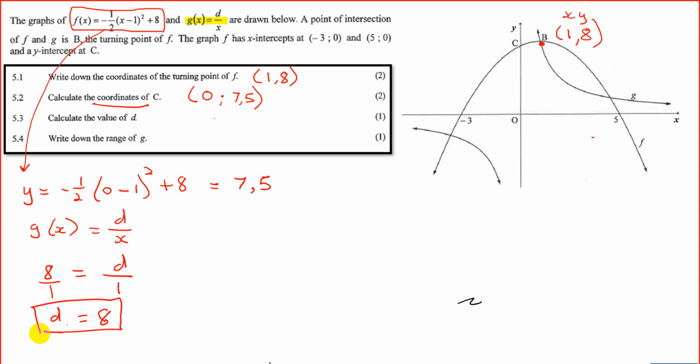The next question is to find the range of G. So if we look at the graph, G is actually our hyperbola, and if we trace on our y-axis, we will always have a value for y on the graph except at the asymptote.